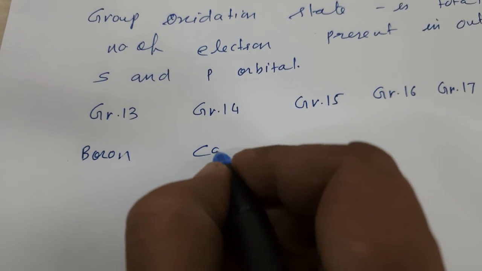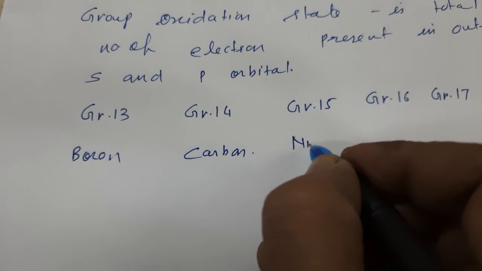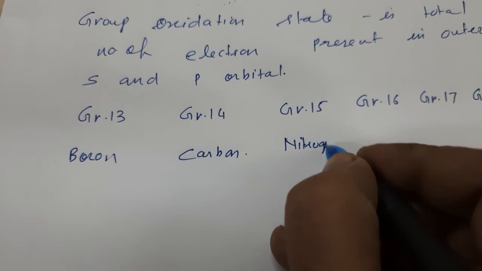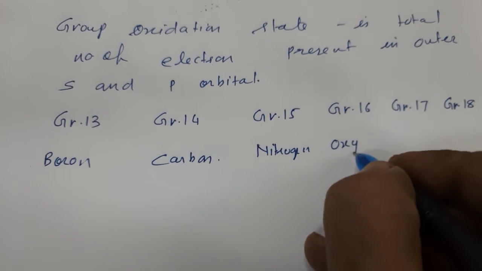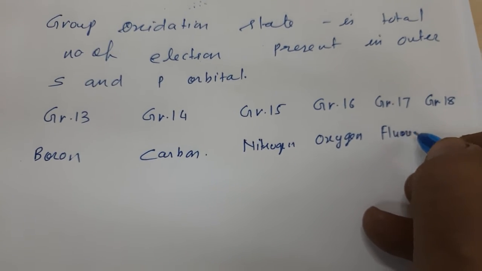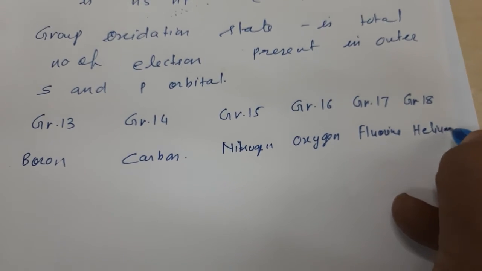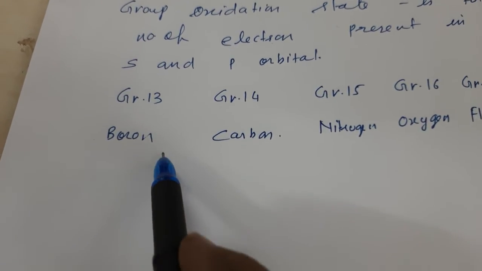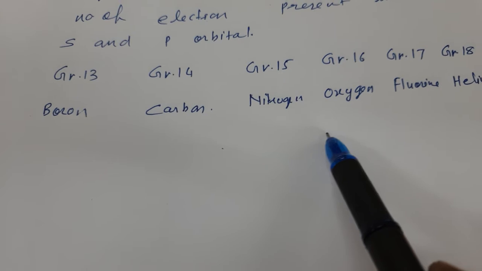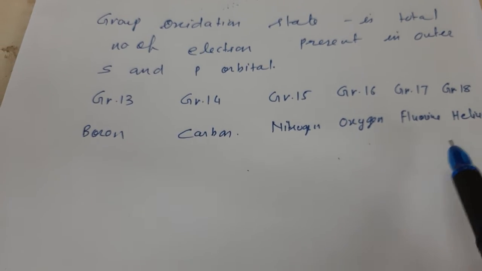Here the first member is carbon. Here the first member is nitrogen. Here oxygen. Then fluorine. Then helium. So by the name of the first member, it is known as boron family, carbon family, nitrogen family, oxygen family, fluorine family and helium family.